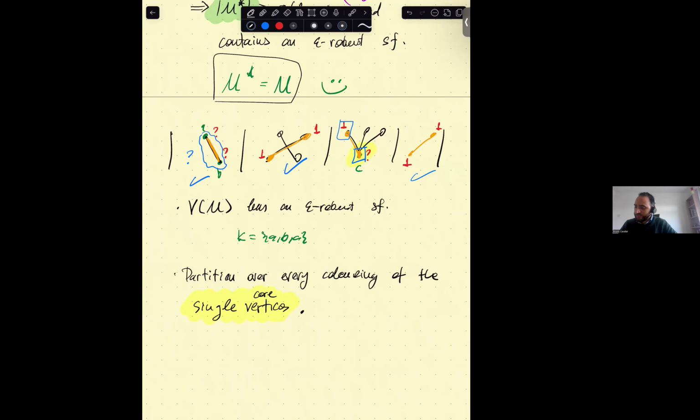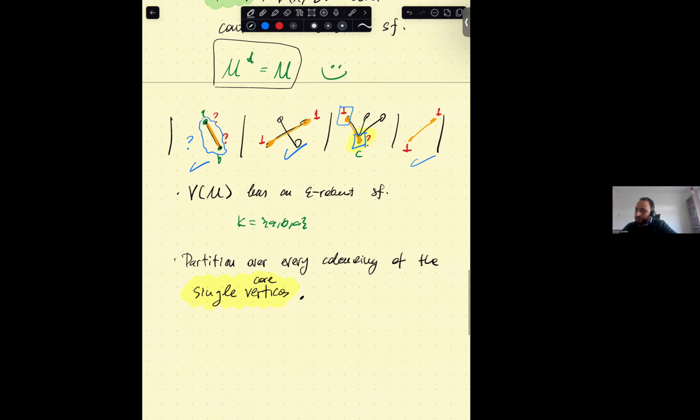They are the only core vertex in the block. So the random coloring is going to assign colors to these vertices as well.